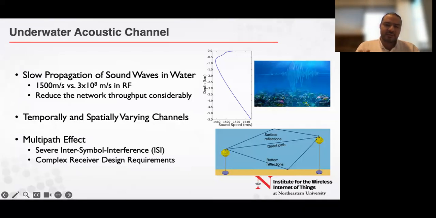One other thing that is really important and very interesting is that there are not really models for underwater acoustic channels. In RF channels, if you're familiar, there are Rayleigh models and Rician fading models, so you can use some basic models to create a digital twin even of an environment.